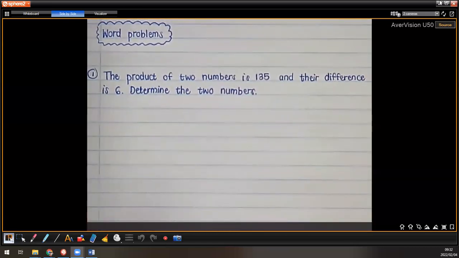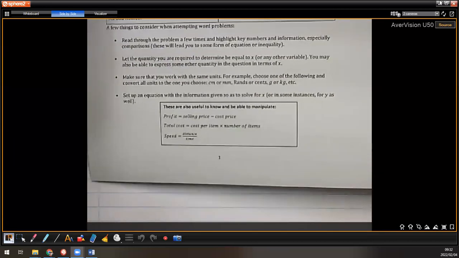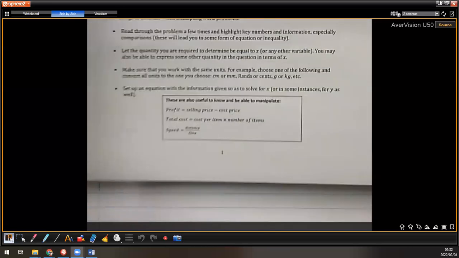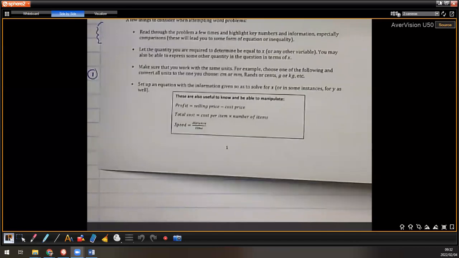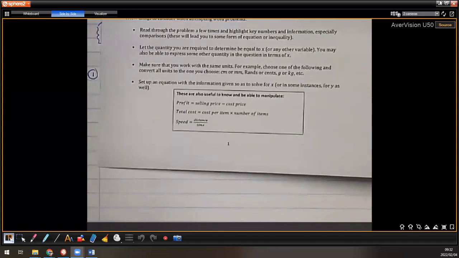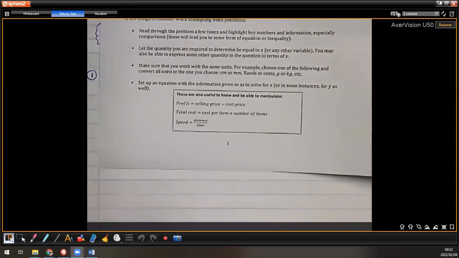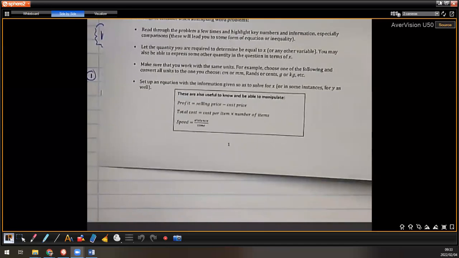Now guys, if you read through the left-hand side of this page, you would have seen that the second bullet there is just saying, let the quantity you are required to determine be equal to x or any other variable. You don't always have to work with x, it's just usually the one that we work with. You may also be able to express some other quantity in the question in terms of it.